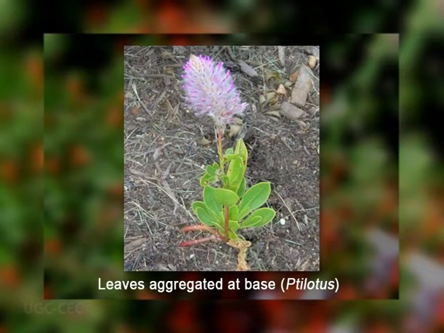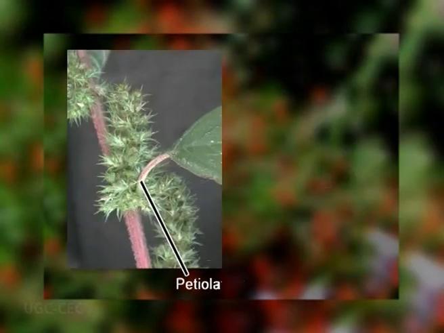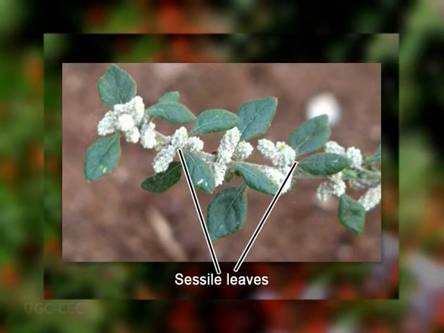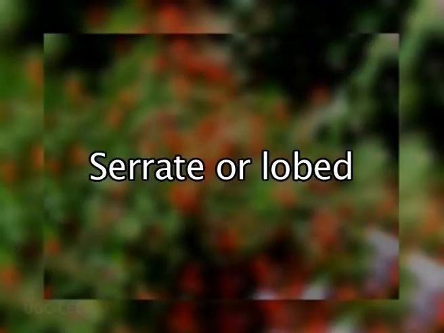The leaves are commonly exstipulate, that means without stipules, but leaves are with petiolate or sessile condition. The leaf blade is simple and the leaf margins are entire to undulate. Sometimes these leaf margins can be also serrate or lobed.